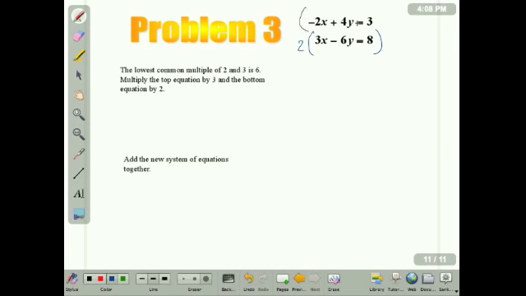I'm going to multiply this one by a 3, and 3 times negative 2x is a negative 6x. 3 times 4y is a 12y. 3 times 3 is 9. 2 times 3x is 6x. 2 times negative 6y is negative 12y. And 2 times 8 is 16.